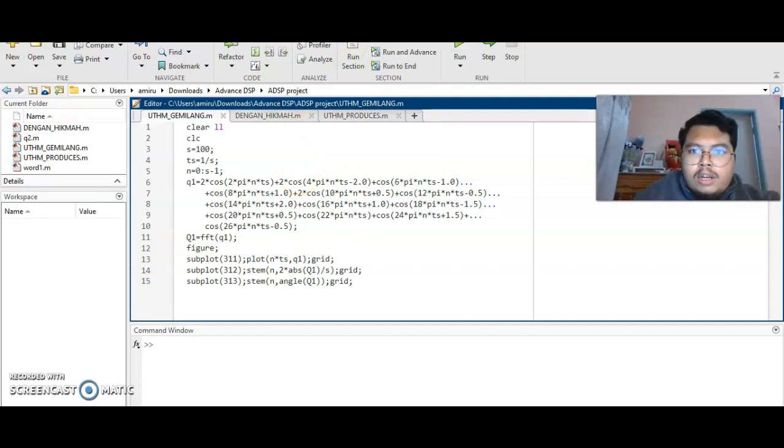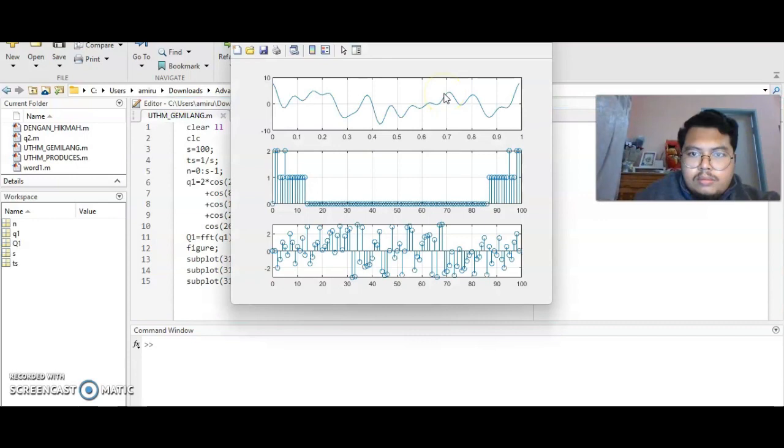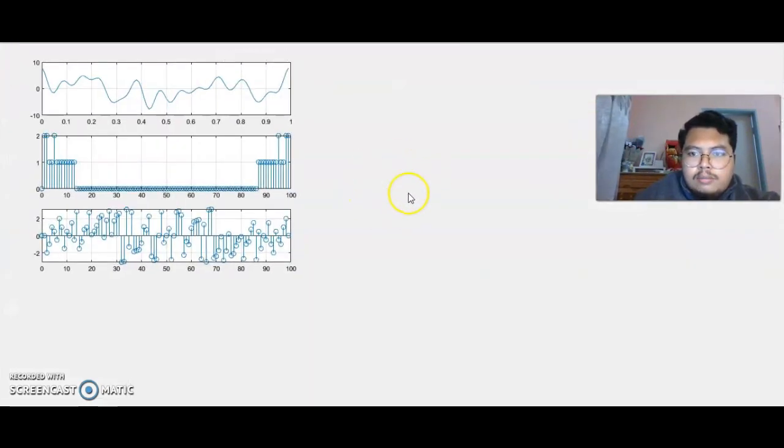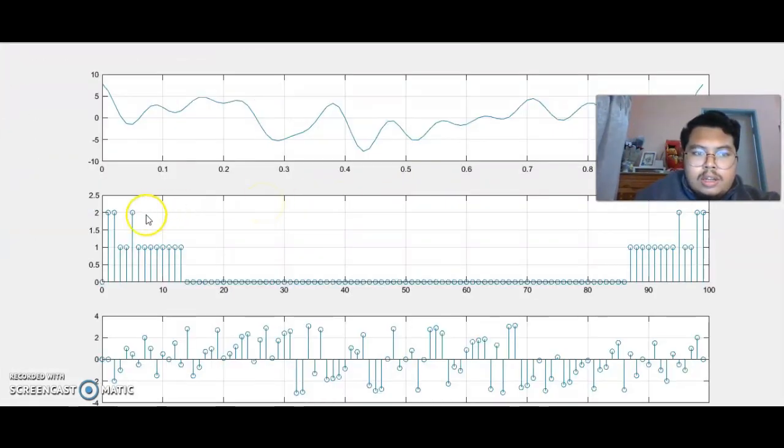If we run it, this is the signal that we have obtained. The lowest point is 1 and the maximum is 2, the magnitude. So this is for mutation gemilang.